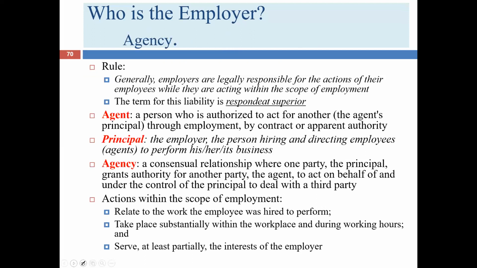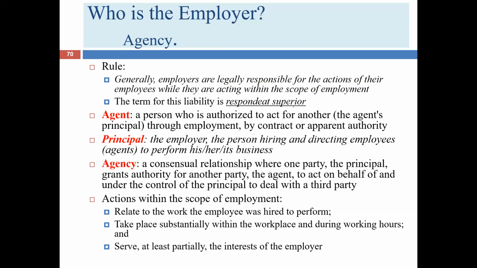We've already talked about respondeat superior and the whole agency idea, but let's do a bit of a refresher. This is the general rule that we discussed when we were talking about vicarious liability. Generally, employers are legally responsible for the actions of their employees while the employees are acting within the scope of their employment.